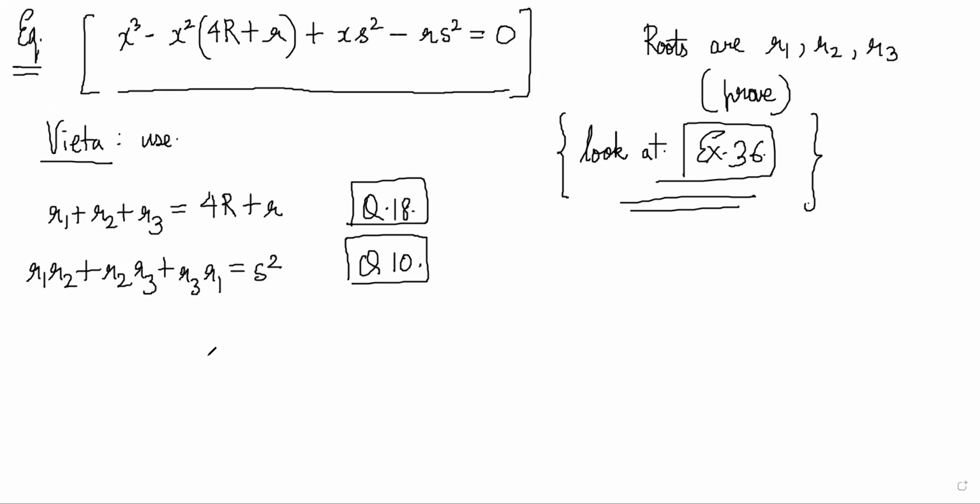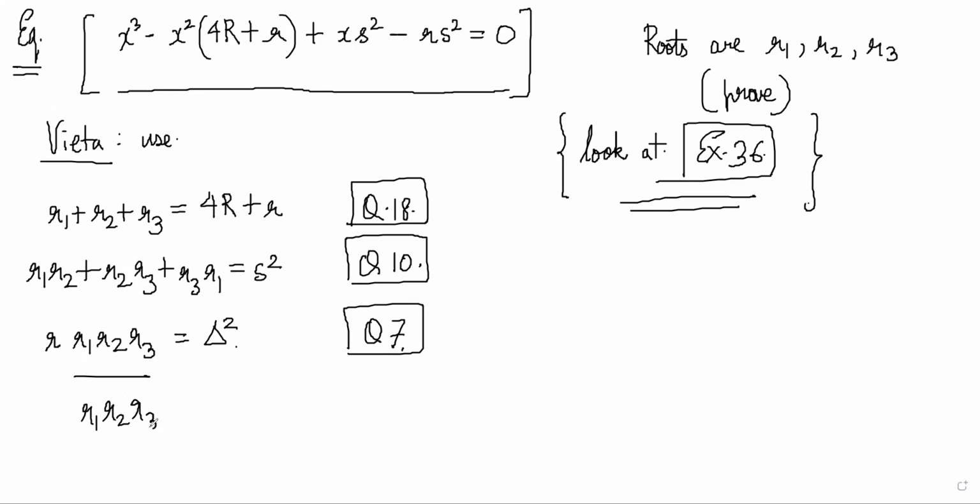And then R1 R2 R3 is equal to r times s square. How do we do that? R1 R2 R3, question 7, that is also in the seventh identity. Because we know r into this is equal to del square. So R1 R2 R3 is equal to del square by R.